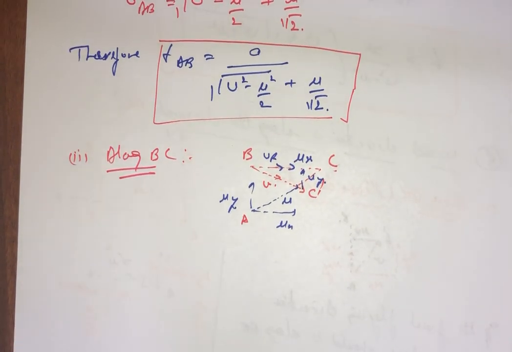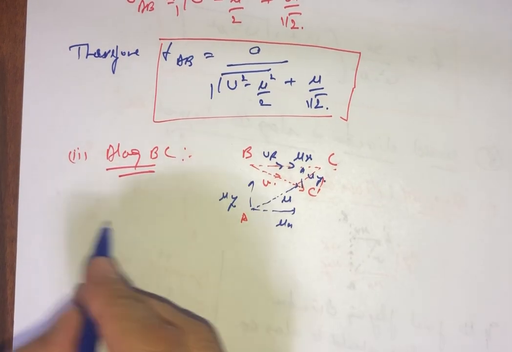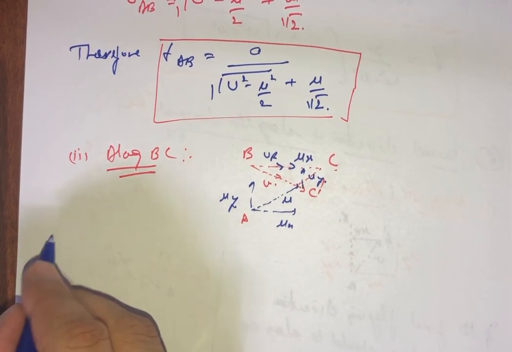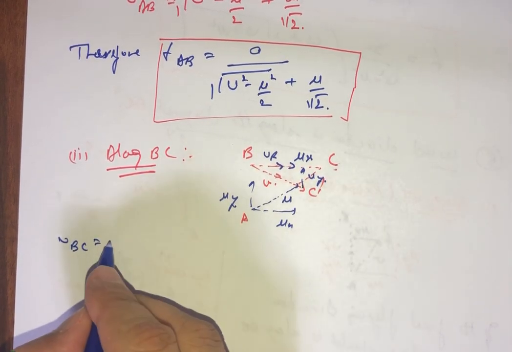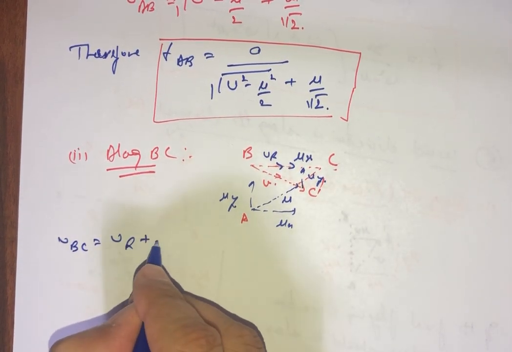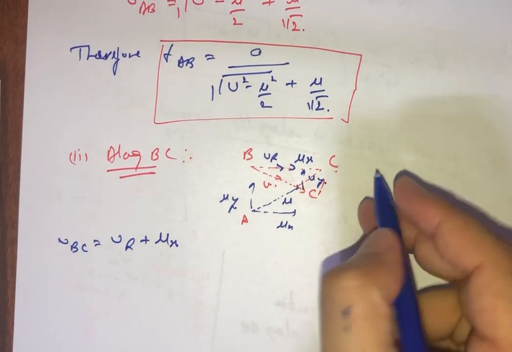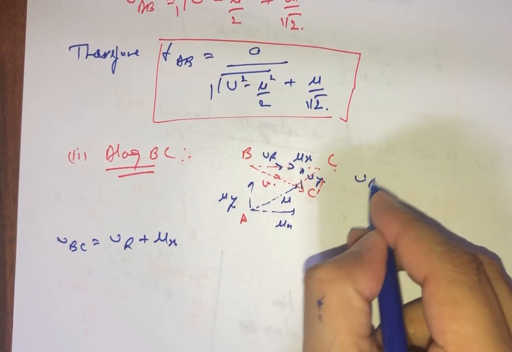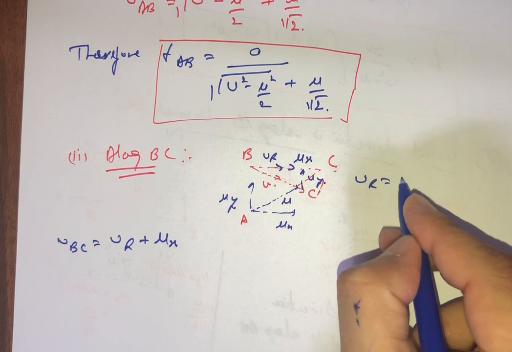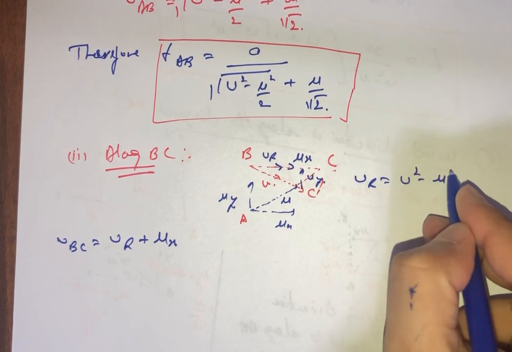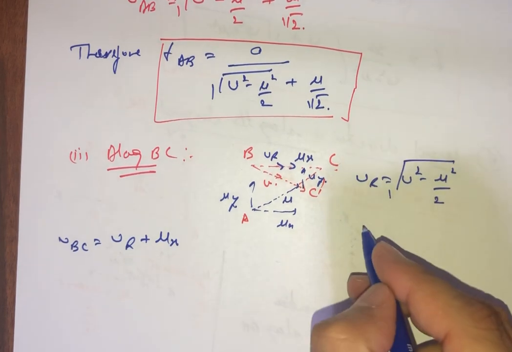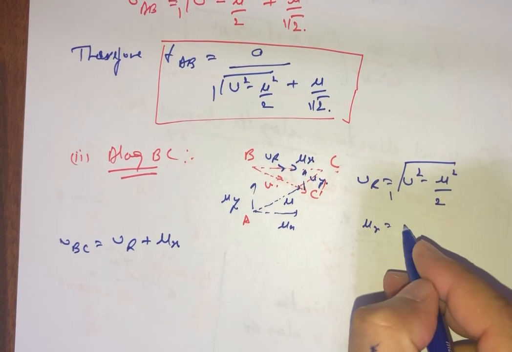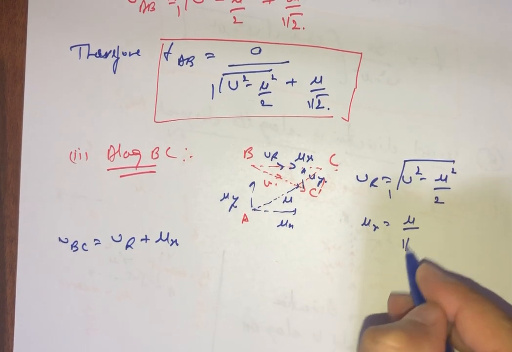So we can directly write now that VBC will be equal to VR plus Ux, and VR will be equal to square root of V square minus U square divided by 2, and Ux we already know is given as U divided by square root of 2.